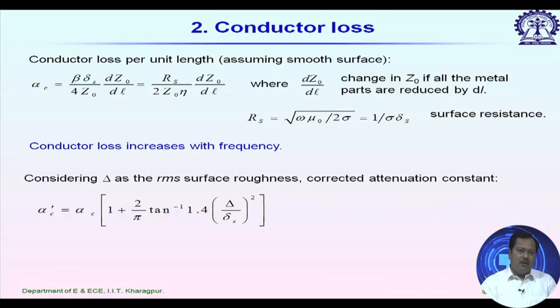That will give us delta z naught, then we can easily calculate dz naught by dl. So, we can calculate alpha c for that given coaxial cable.